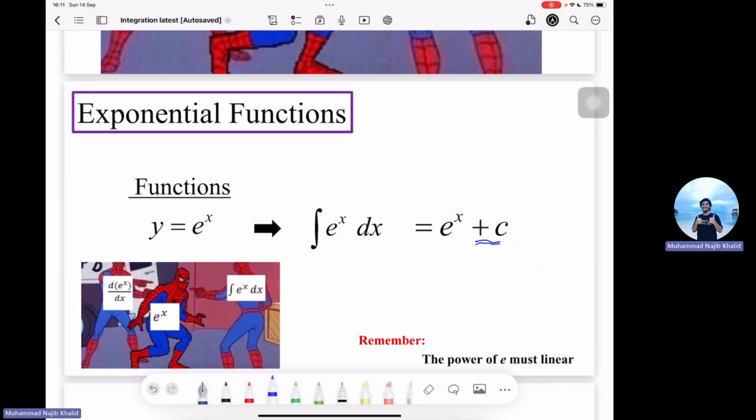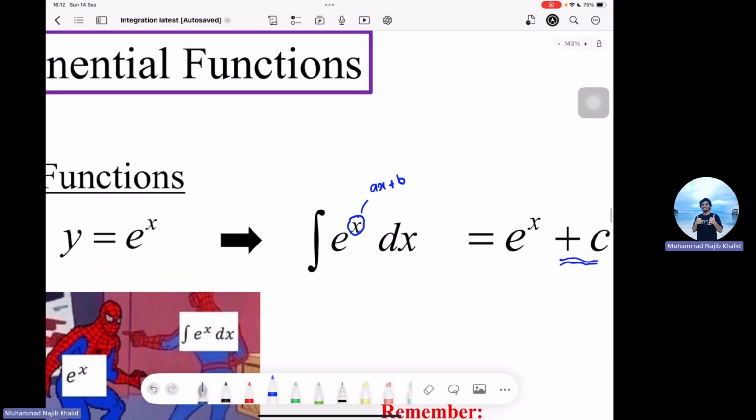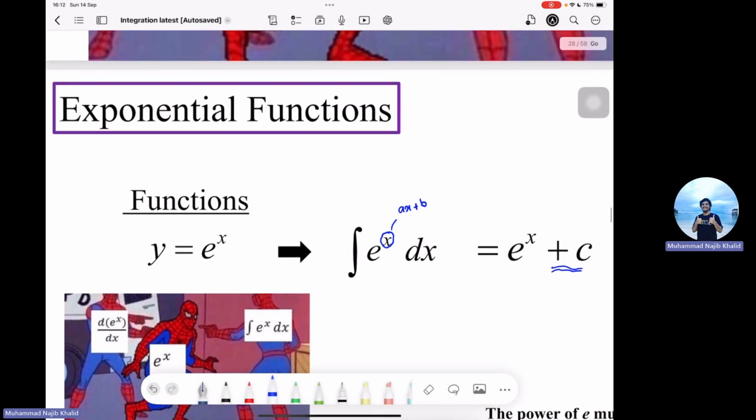Again, the limitation at this diploma level of study is that the power of e must always be a linear function, or the highest power of x is 1. Linear can also be written in the form ax plus b, where a and b are constants, numbers.